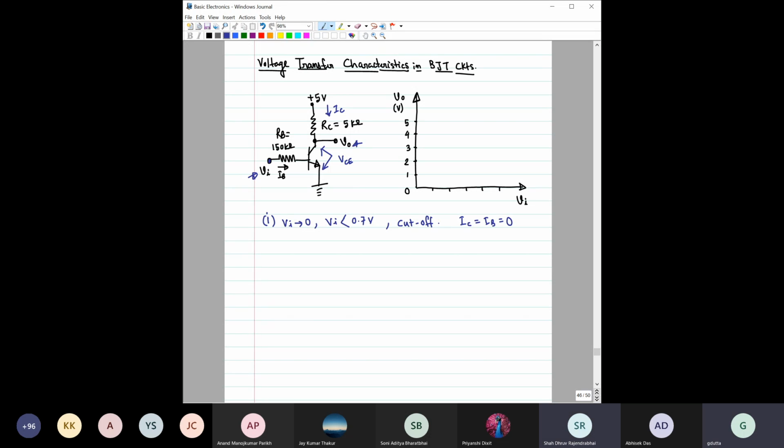Why, sir? Because there is no drop across RC, so 5 volt would be V0, no, sir? 5 volt would be V0. Where is 5 volt? The topmost 5 volt here.